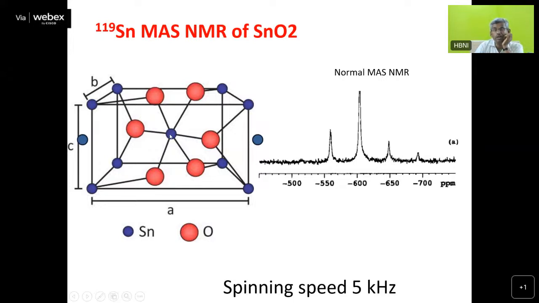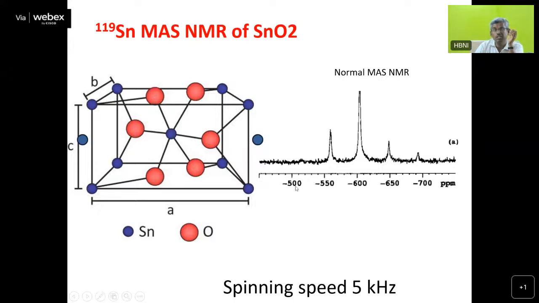So one tin is having 6 oxygen as near neighbors and 10 tin: 4 from the bottom basal plane, 4 from the top basal plane, or vice versa, and from each plane there is 1 apex tin. So this is contributing 5 and this is contributing 5. So there are a total of 10 tin as next nearest neighbors.